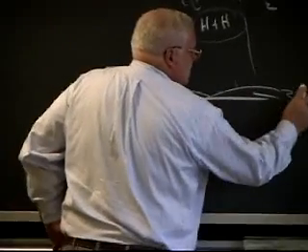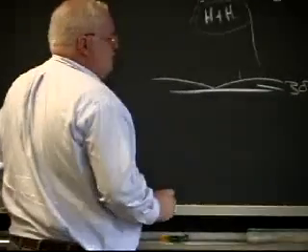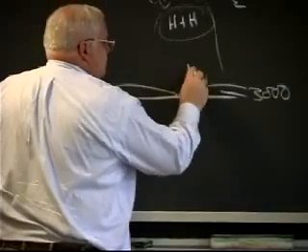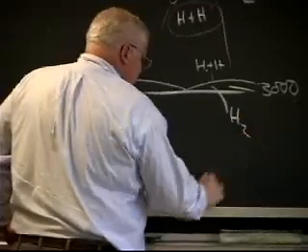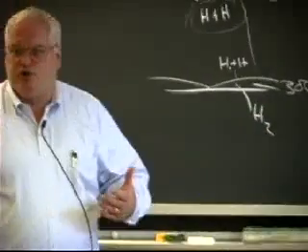However, when I get back down in this boundary layer, which may be in the 3,000 degree range, those two hydrogens up here recombine to form diatomic hydrogen. And they give up the heat of dissociation. They give it back.